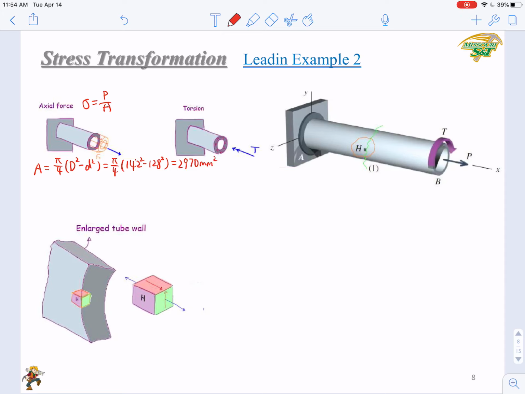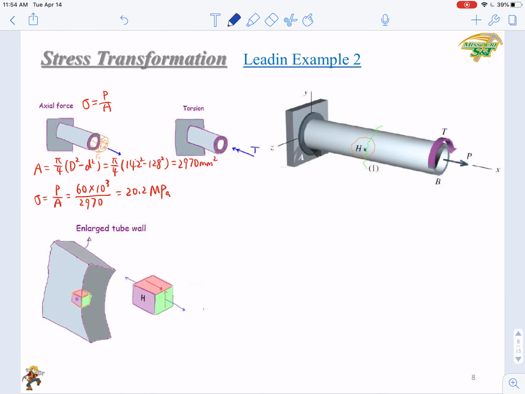Then the stress can be calculated by P over A, and that is 60 kilonewton over 2970. You get 20.2 MPa. Okay, this is Newton per square millimeter, so you get MPa directly.